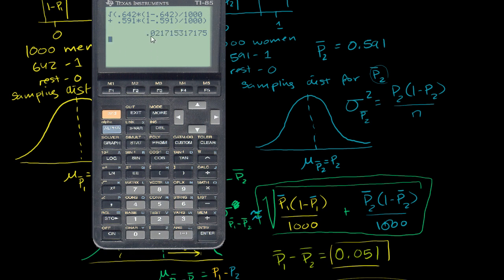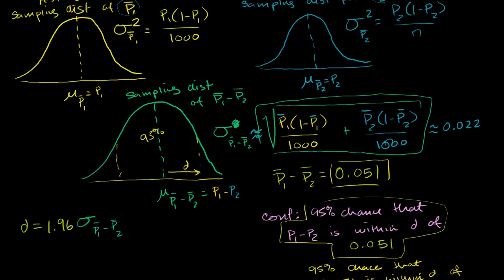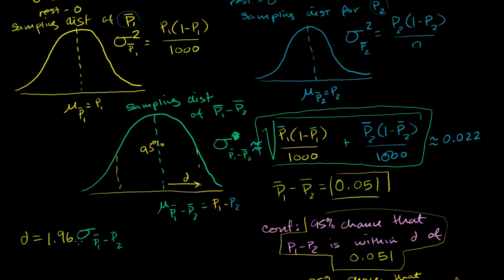So we get 0.021, or maybe we'll say 0.022. So this value right here is approximately 0.022. So going back to our question, this distance that we care about, our best estimate of it is 0.022.